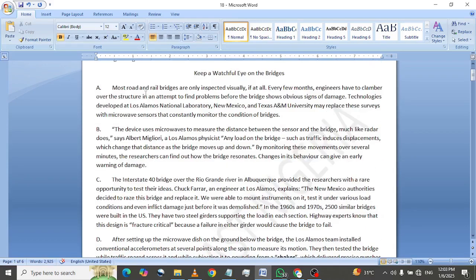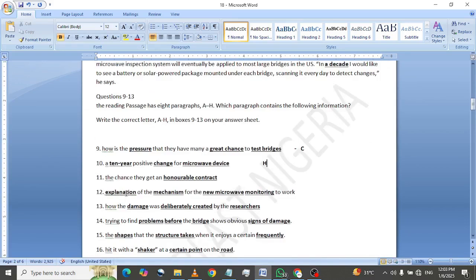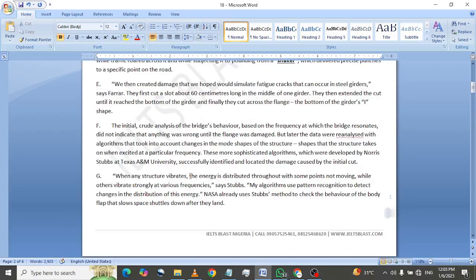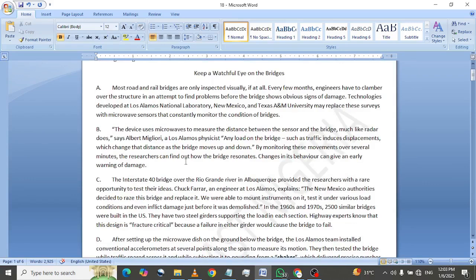Let's check from A. Is there anything that has to do with it? Because what we are looking for is a chance they get an honorable contract. That means that they are looking for opportunity. So we check. We're checking.